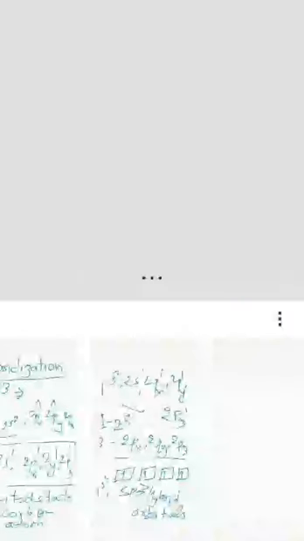Now if I draw the orbital structure of the hybridized carbon atom, I can draw it like this. This carbon has four sp3 hybrid orbitals: one like this, second like this, third like this, and fourth like this.